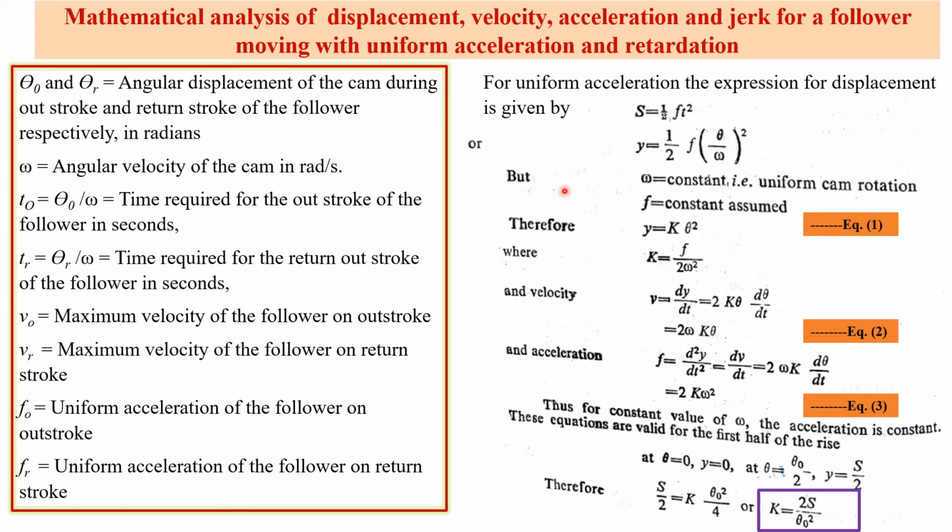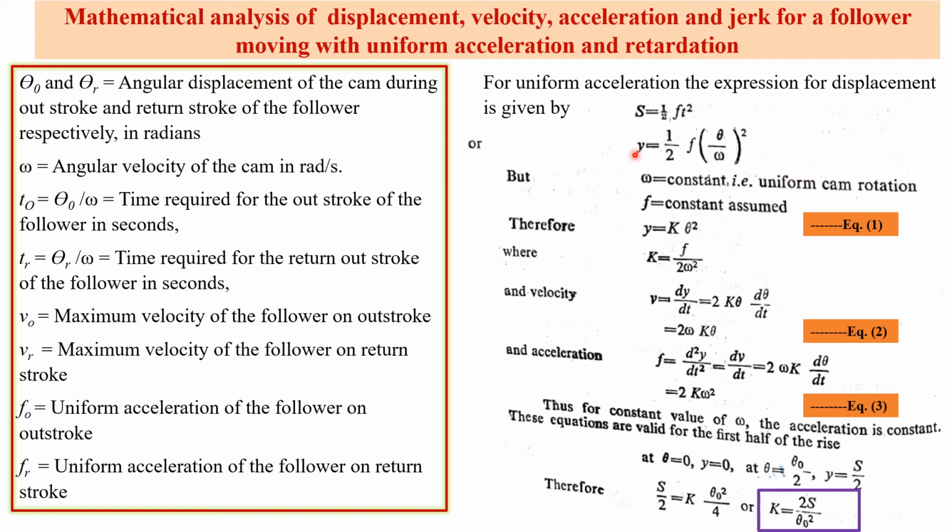Since the angular velocity of the cam is usually constant, and in this particular case the acceleration of the follower is already a constant term, because the follower is supposed to be moving with uniform acceleration and retardation, in this equation f is fixed and omega is also fixed.